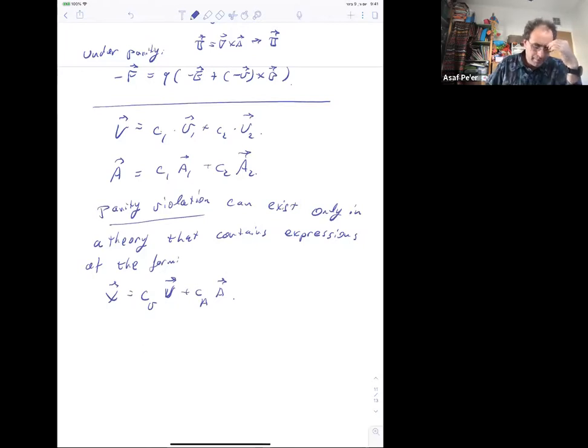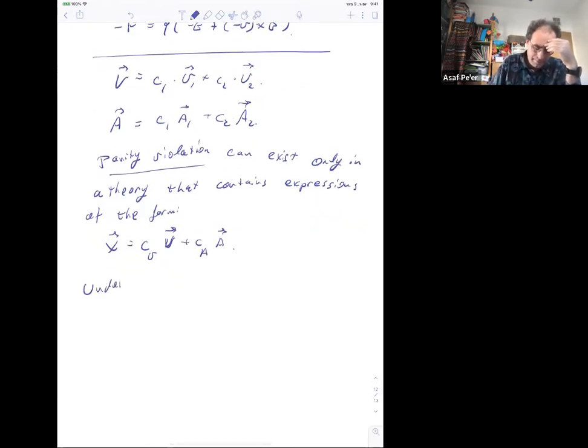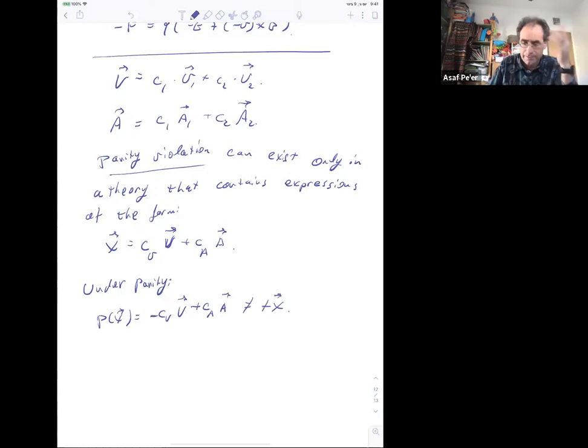So under parity, P of X would be minus CV V plus CA A. So obviously this is different from minus X or from X. For many years, it was thought that all physical quantities are made of either vectors or axial vectors, and they don't mix.